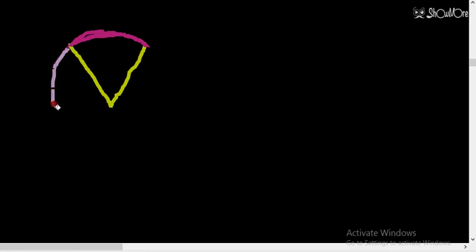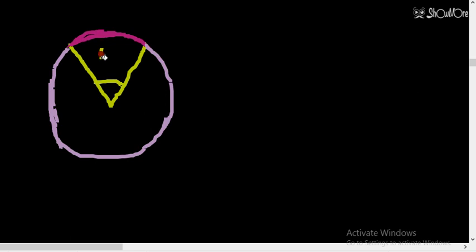Let's complete this circle first. I hope it is visible that this is the complete circle now, and if this angle is given to you as theta, then you can easily understand that this remaining angle will be equal to 360 minus theta.